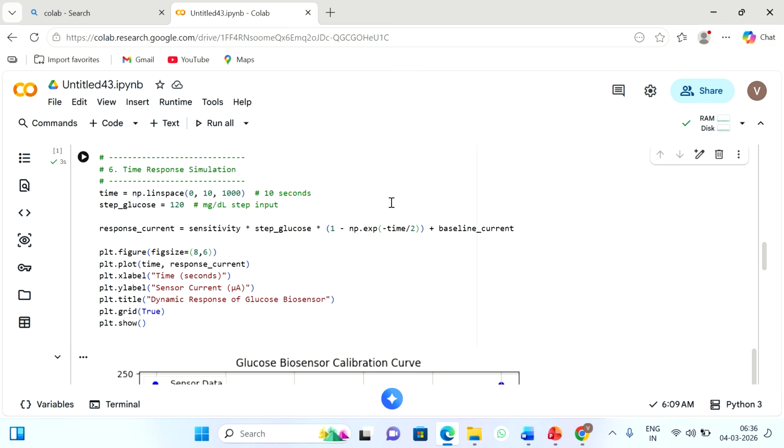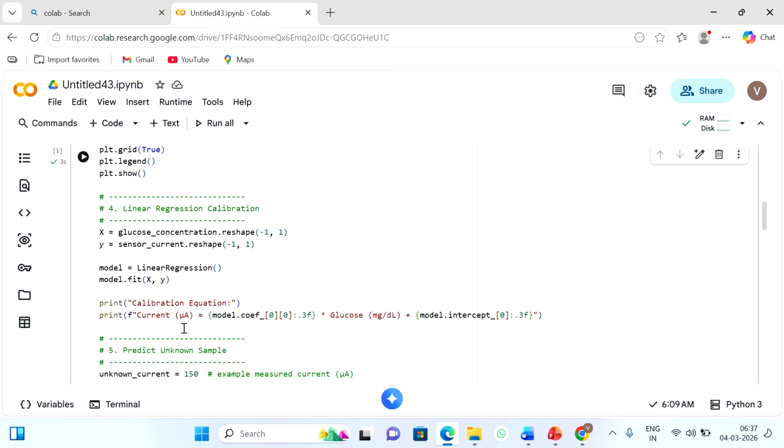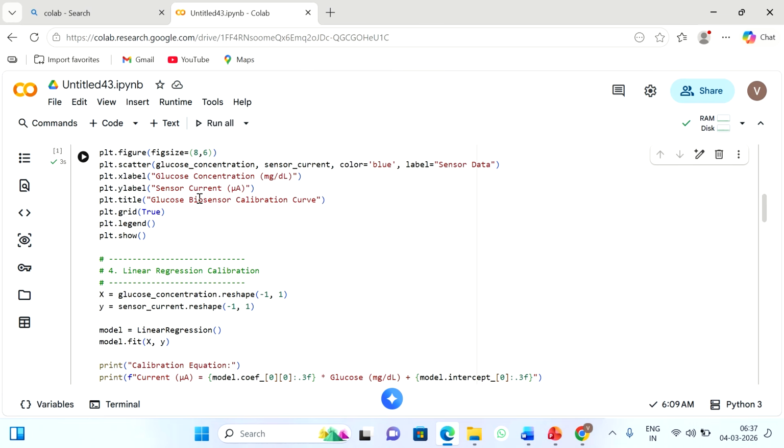And this experiment concludes with the sensor parameters, and through the concept behind them we can understand the biosensor characteristics. The calibration curve will give the current versus glucose relationship.